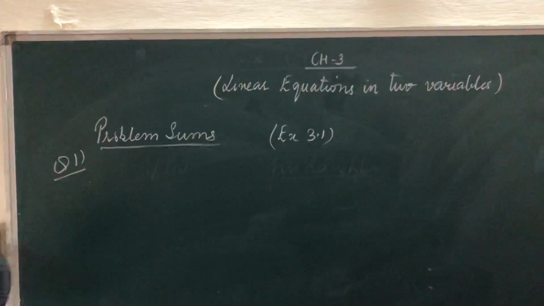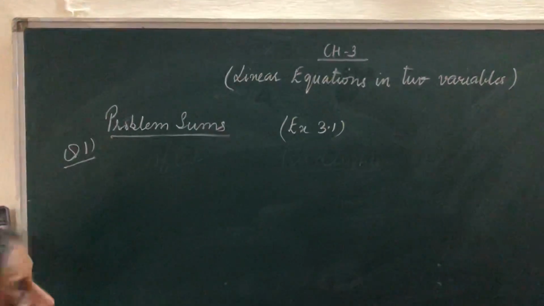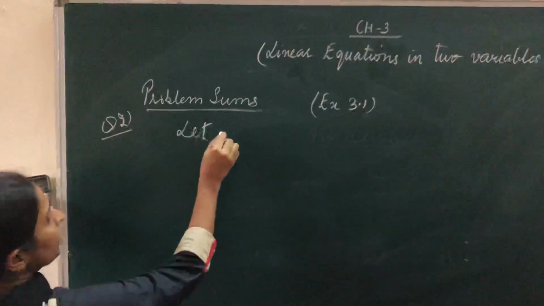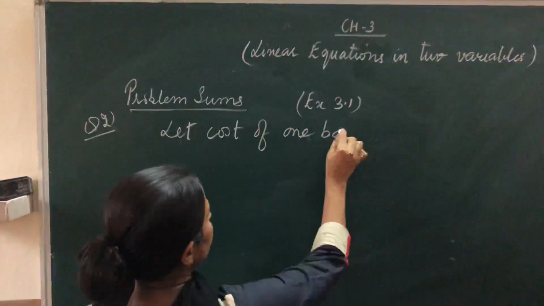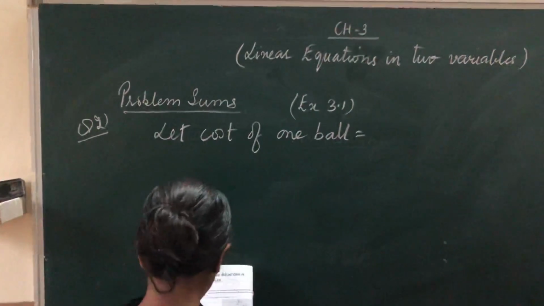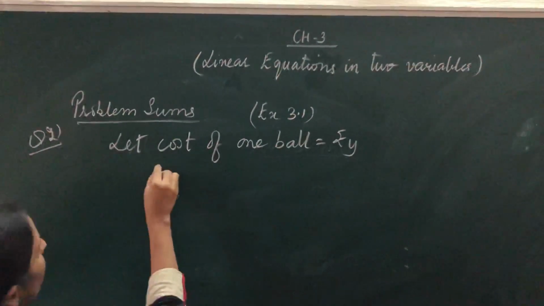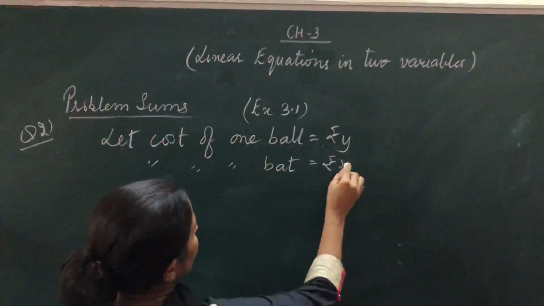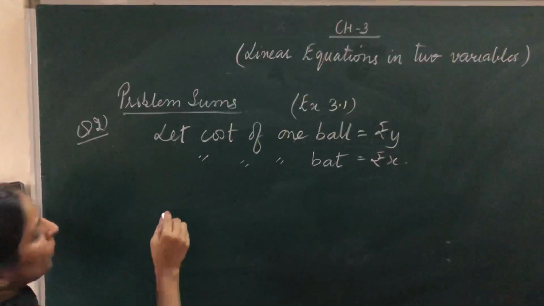So what you are going to do is, he is asking you for 3 bats and 6 balls. So you will assume that let the cost of one ball be rupees y and cost of one bat be rupees x. It hardly matters which variable you are taking for what object.